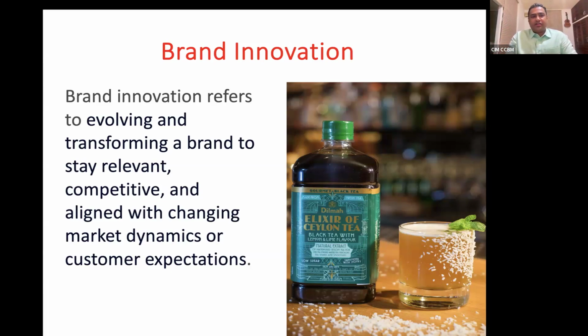So brand innovation refers to evolving and transforming a brand to stay relevant, competitive, and aligned to changing market dynamics or customer expectations, right? So a brand needs to stay vibrant.